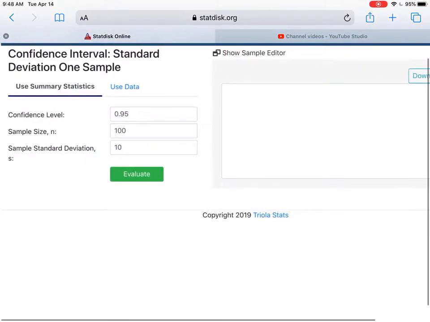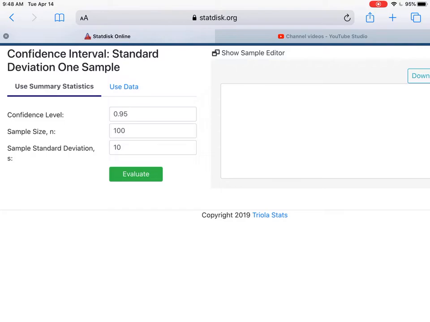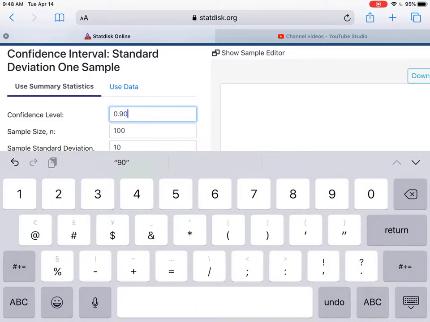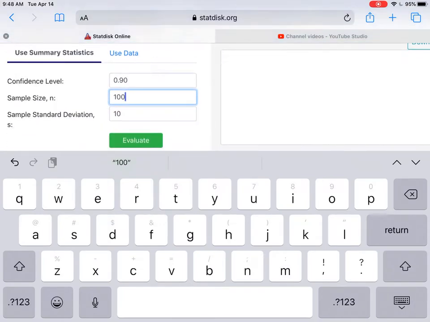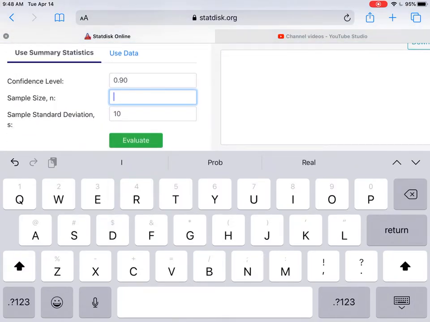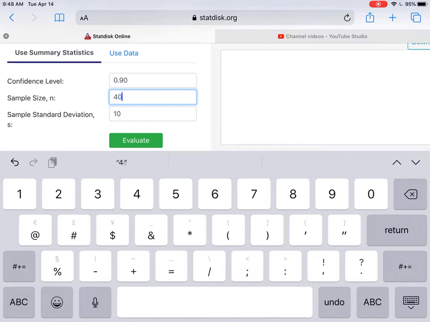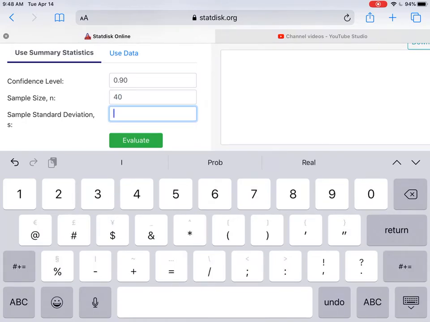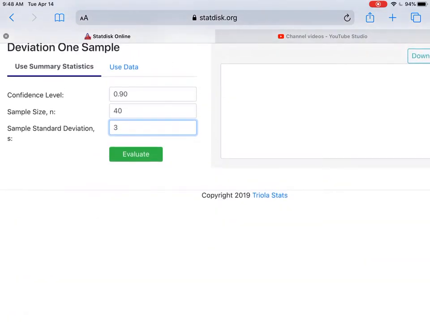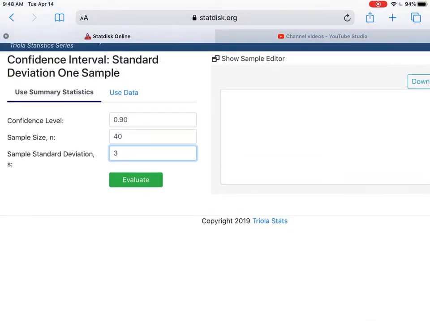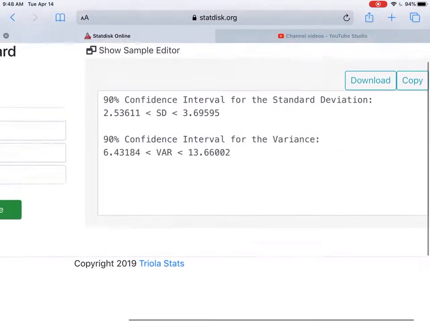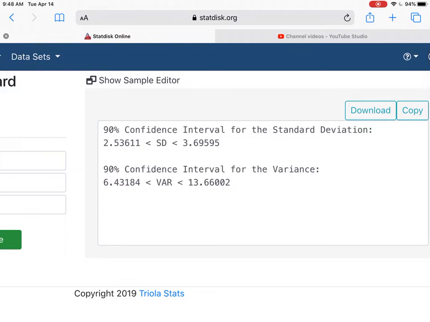We need to input three different things: the confidence level, which here is 0.90, the sample size, which here is 40, and the sample standard deviation, which here is 3. Once we have those, we can evaluate, and this will spit back two confidence intervals.